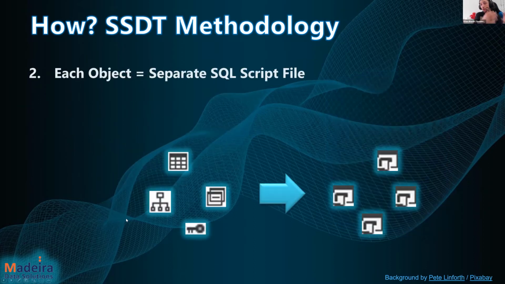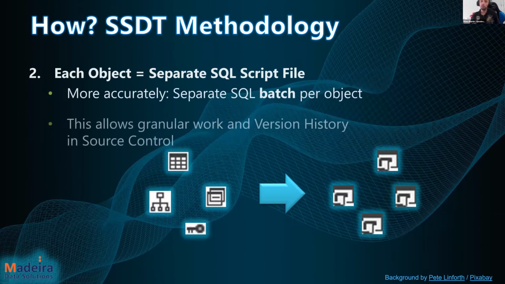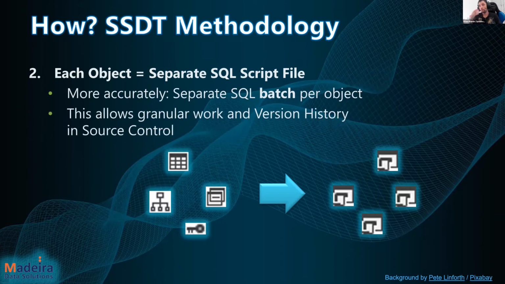Each database object in such a project would be saved as a separate SQL script file with the create command in it. More accurately, in order for SSDT to work, it requires that each object be in its own batch. So theoretically, you could have one SQL script file with several objects, but it'll be okay as long as you have the GO keyword between them, so that the batches will be separated.